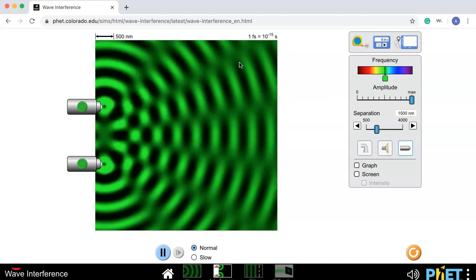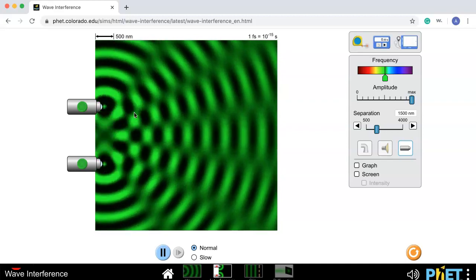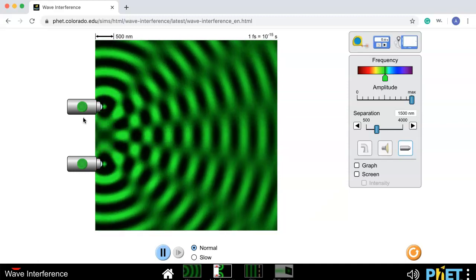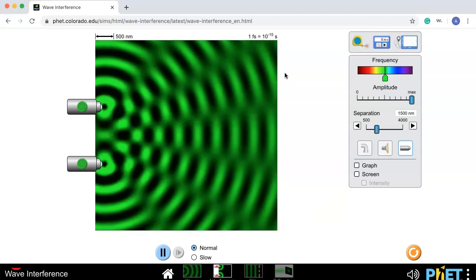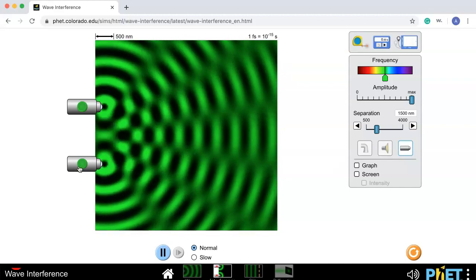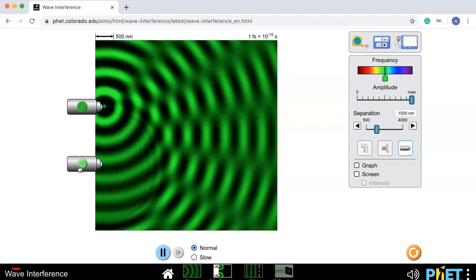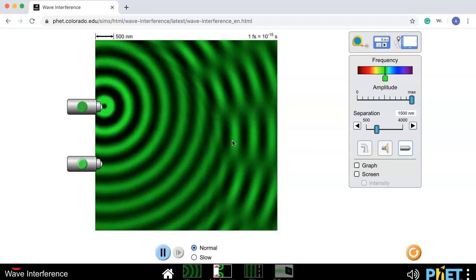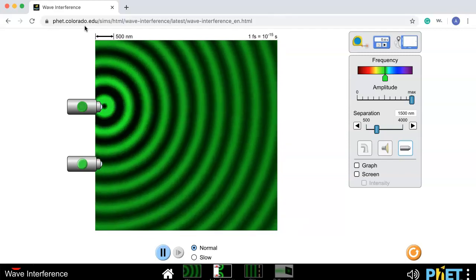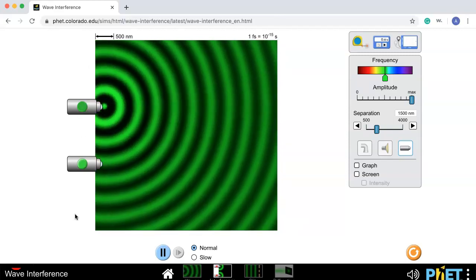It seems there's destructive interference there. And then there are these bright regions that propagate away. This just comes from adding, let me turn off one of them. The wave that originally got emitted is already out of this window. We just see this one.